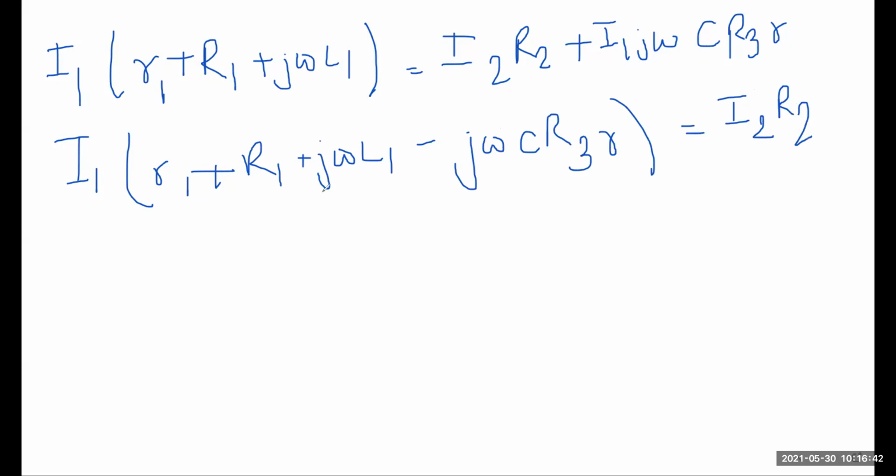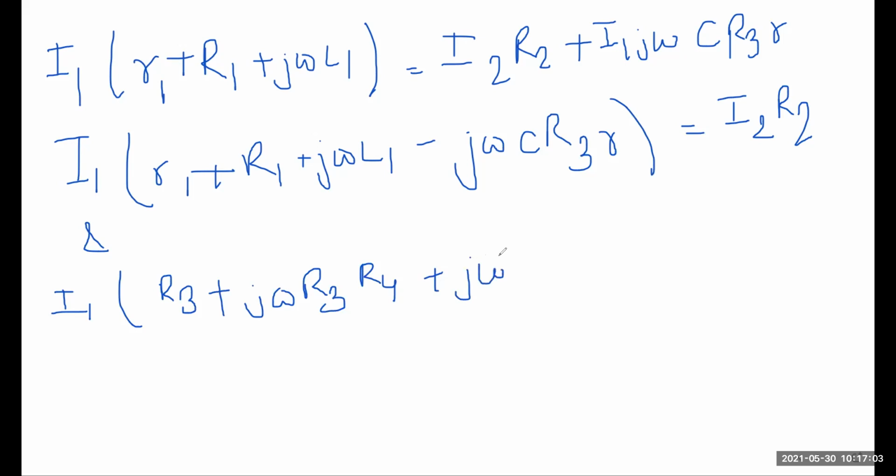This is my thing. And another equation will be I1 in bracket R3 plus j omega C R3 R4, plus j omega C R3 r, like this, that will be equal to I2 R4.